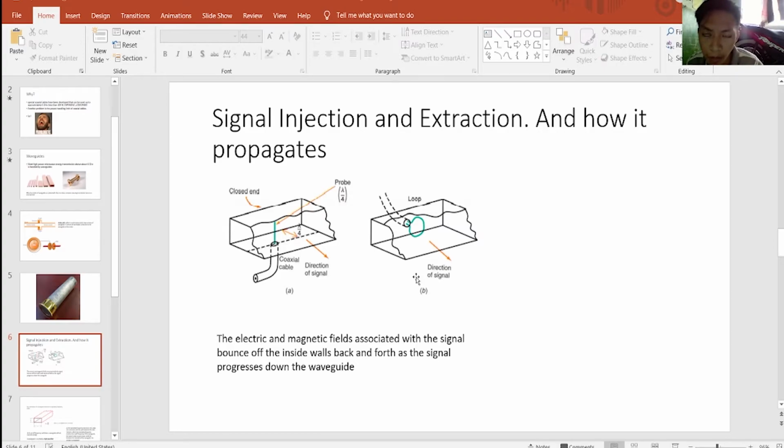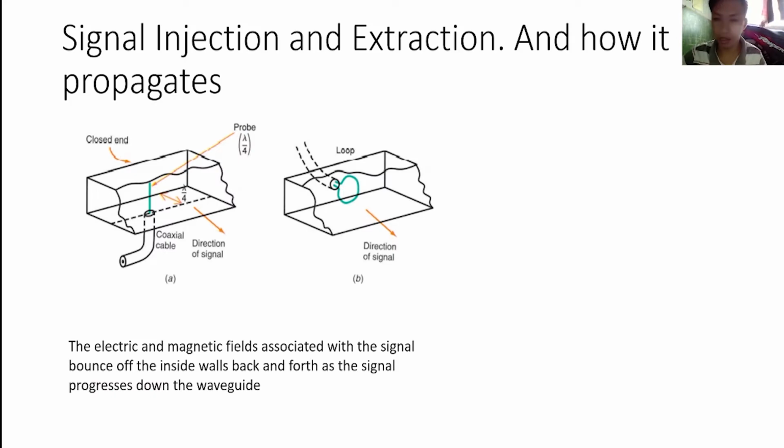However, be sure to understand that it has a direction, as presented here. This is a direction, and this is a coaxial cable. Instead, if you insert the signal here, the electric and magnetic fields associated with the signal bounce off the walls back and forth as the signal progresses down the waveguide.